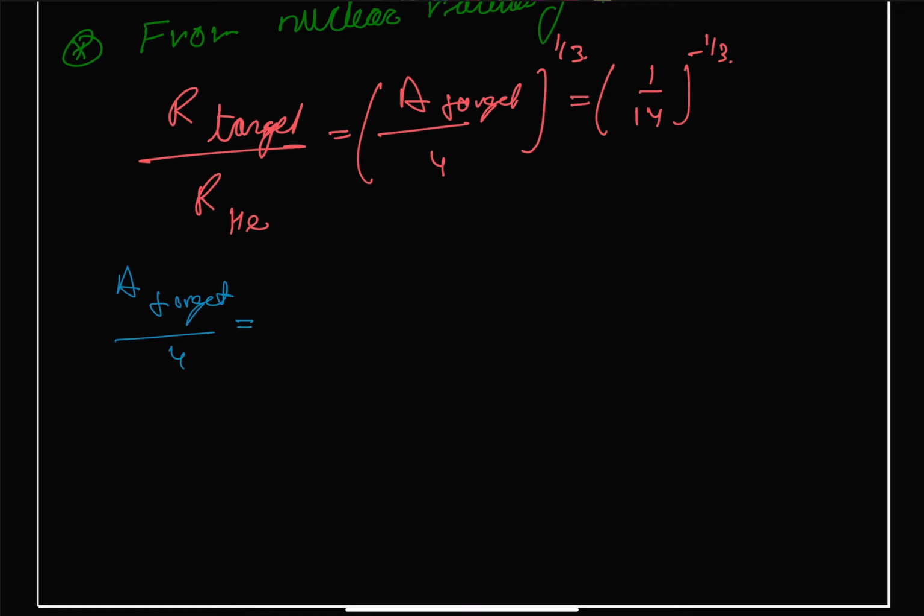And this will be equal to 14. So we get that A of target will be equal to 14 times 4, which comes as 56.